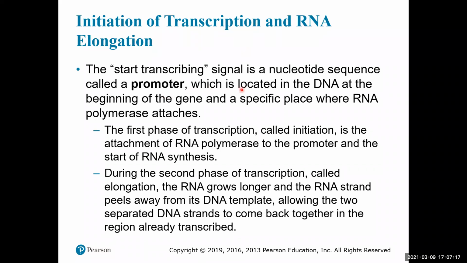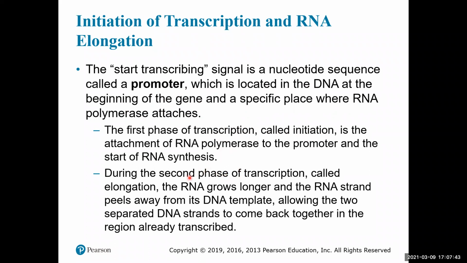Okay, and so they will start at that promoter region and start transcribing with the RNA polymerase. And so that promoter area is where the RNA polymerase attaches to the DNA sequence to start that transcription process. So that first phase again is called initiation. That's where that attachment of the polymerase happens.